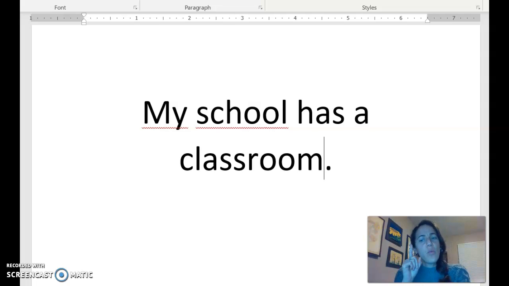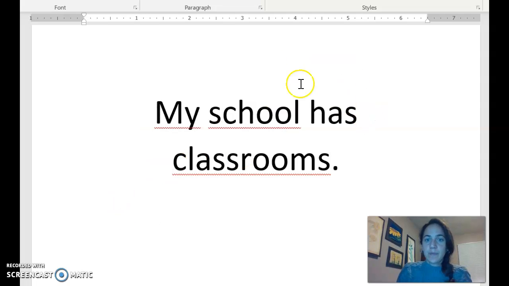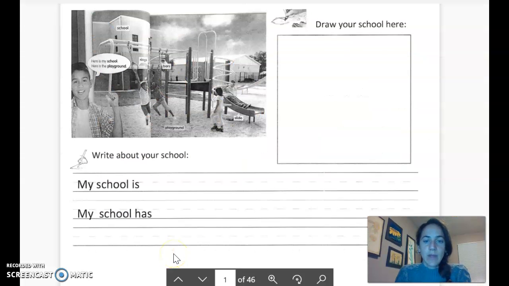Do we have one classroom or more than one classroom? Yes, more than one. So let's change it. Classrooms. My school has classrooms. Mi escuela tiene salones. Very good. And you can write that here.